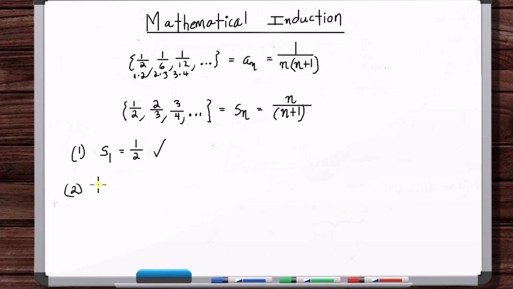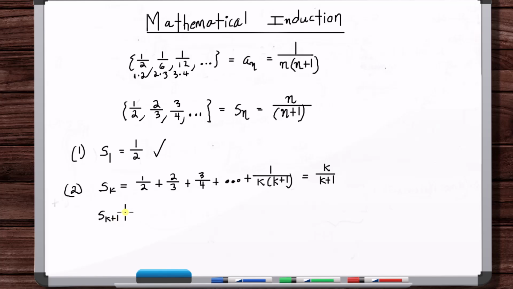Now the second step. We're going to assume that S of k is true, and this would be equal to 1/2 plus 2/3 plus 3/4 plus, and then the last term would be this. So now what is S of k plus 1?